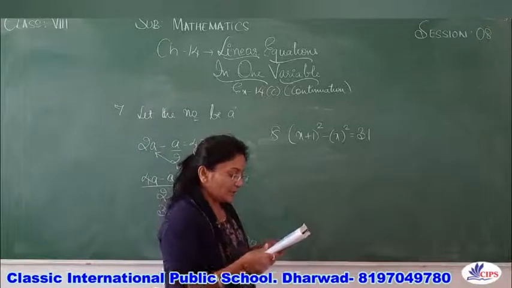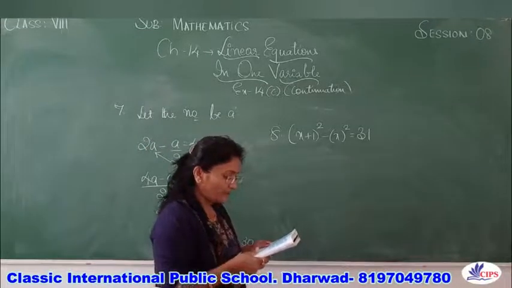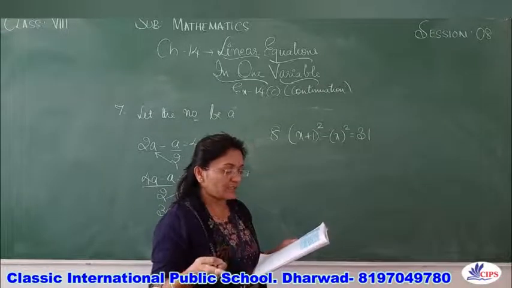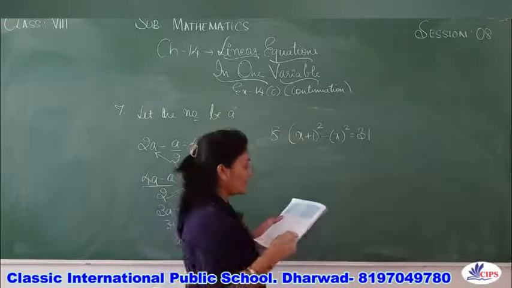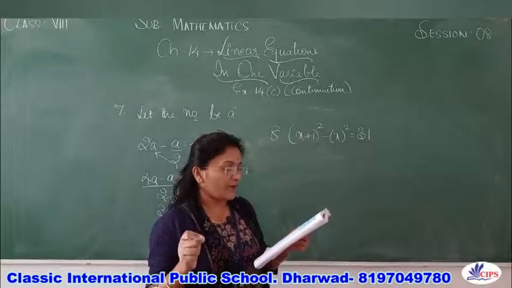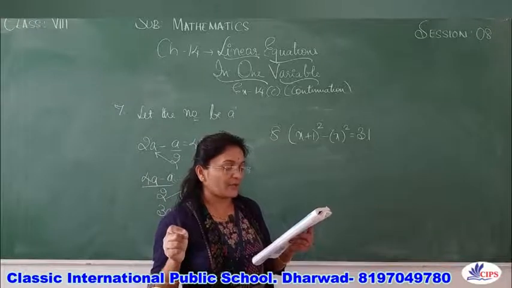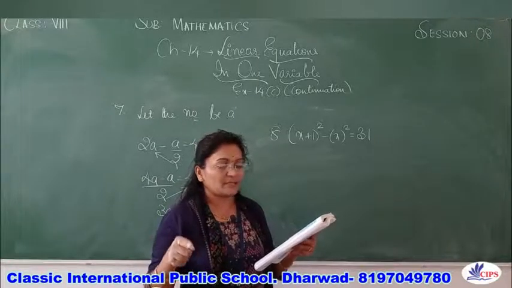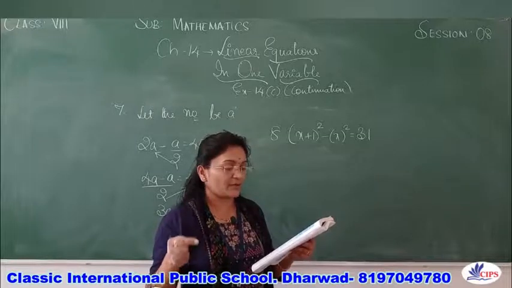Find a number such that when 5 is subtracted from 5 times a number, the result is 4 more than twice the number. So let us assume the number. If you take it as x, 5 times the number means we have taken x as a number, so it will be 5x.